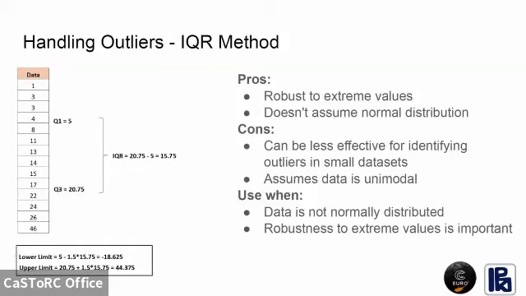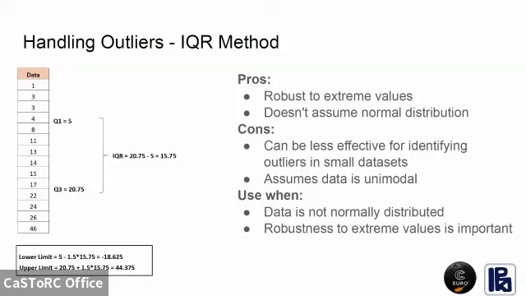Then you calculate: between 20.75 and 5, you have 50% of your data set. And then you multiply this by 1.5. So you take 5 minus 1.5 times the IQR, and the range should be from minus 18 to 44.